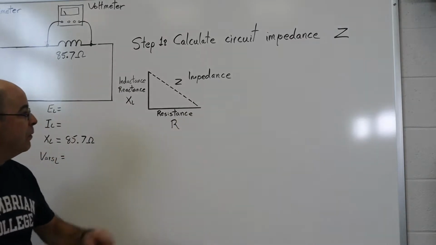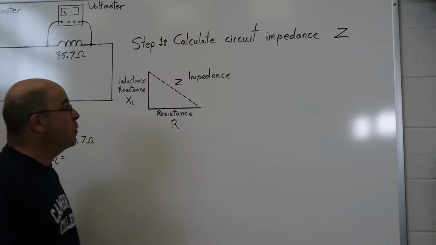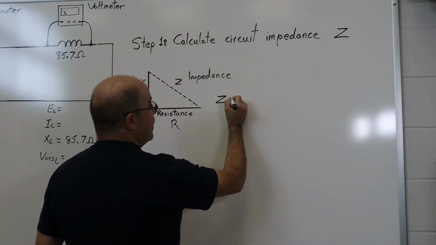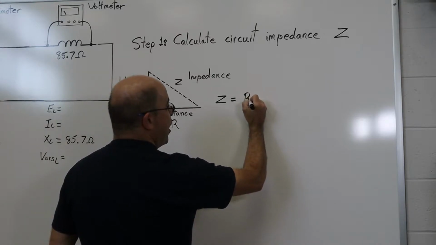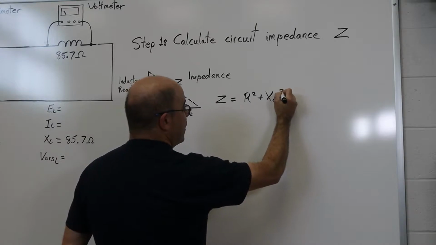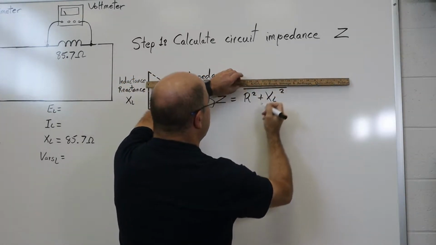Impedance is made up of two components, but they're not equal. We're going to use trigonometry. So the formula for impedance, or Z in this case, is equal to the square root of R squared plus X sub L squared.